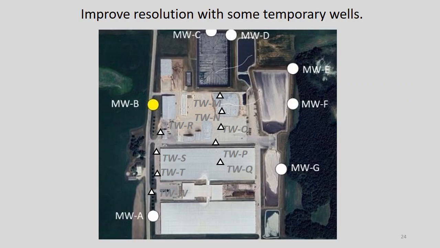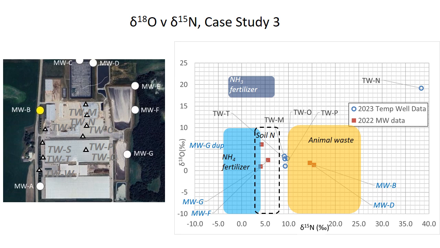We looked at the nitrate concentrations, and we wanted to get more details, so we added some temporary wells where we just went in, drilled, grabbed a sample, and sealed the hole. And what we found was that there were a couple indicating animal waste.